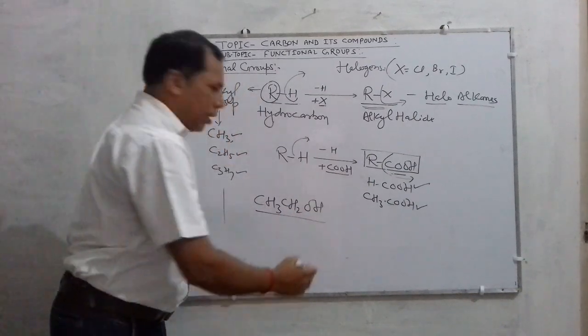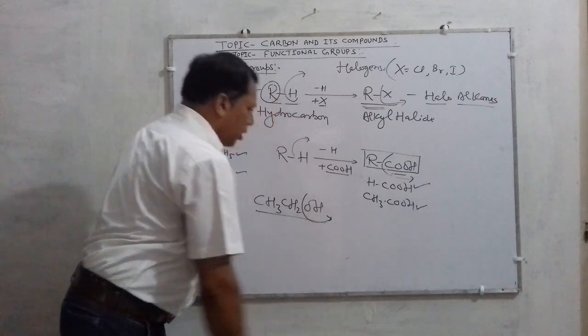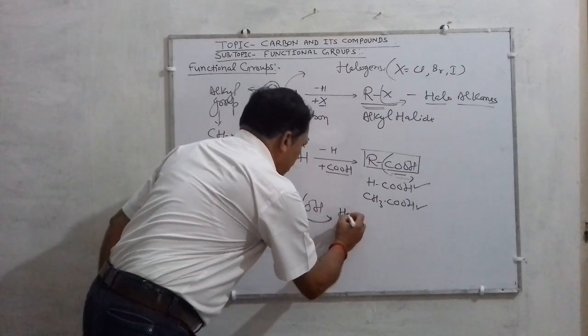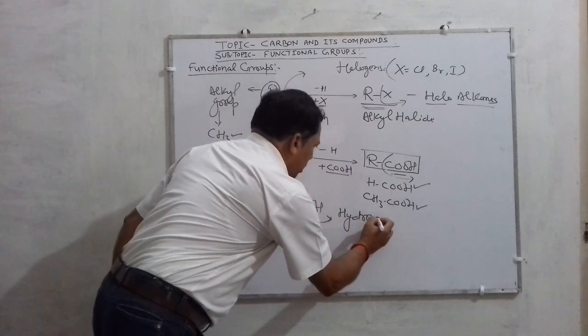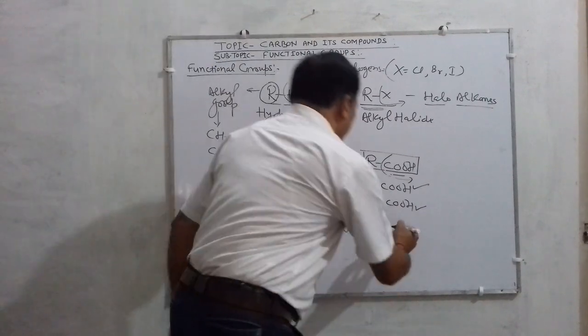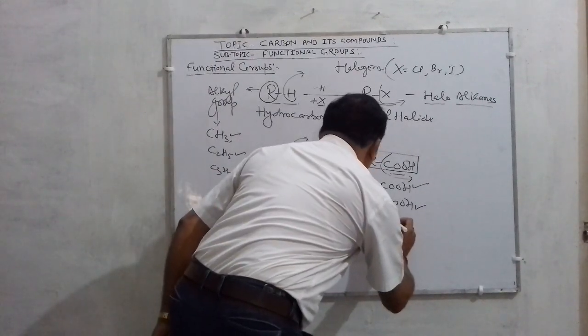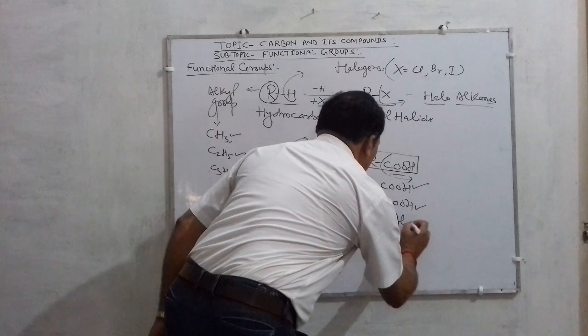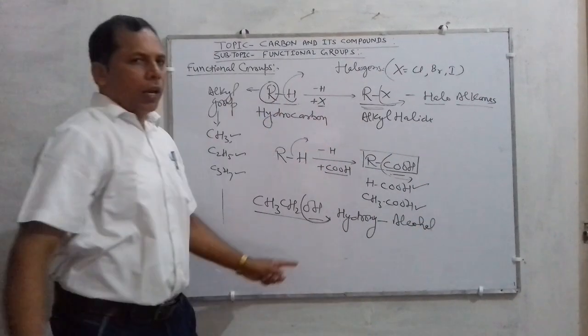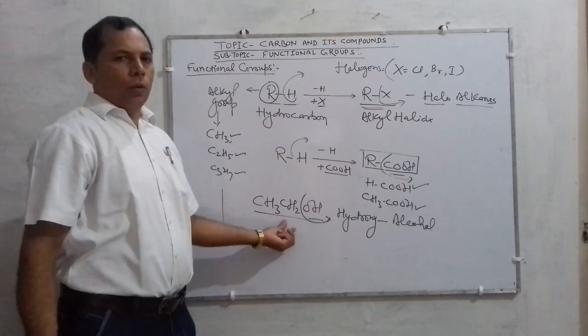In this, children, this OH is called hydroxy, and in compound naming, it is called alcohol. It means this OH represents the alcoholic group.